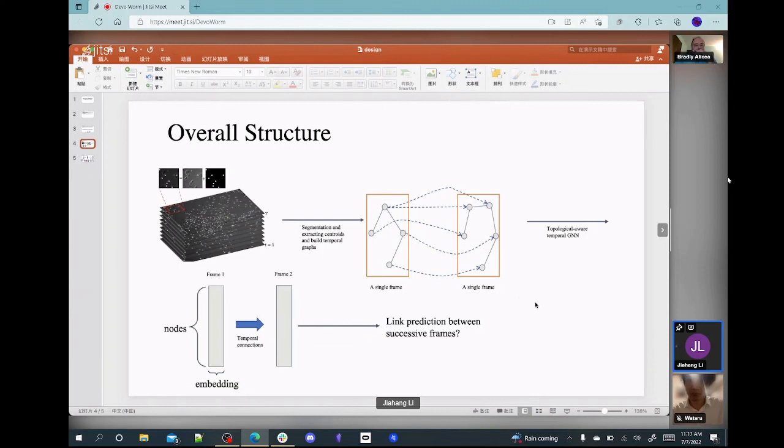Yes, and last year, there was a competition in the Open Graph Benchmark, and this organization held a competition, and I remember the first rank is not any kind of graph neural network.